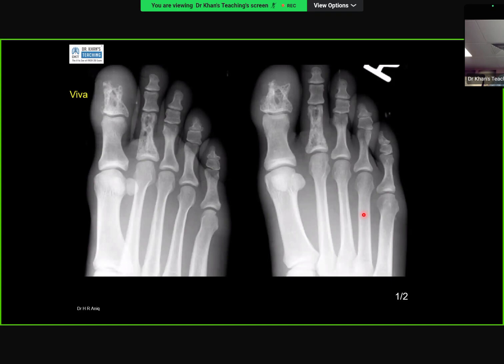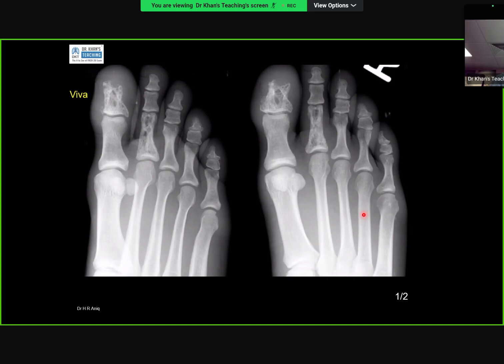So this lace-like pattern is seen in sarcoidosis. So my first differential will be sarcoidosis. Anything else? Second, I'll keep as TB dactylitis. No, so sarcoidosis. Anything else? No, TB, sir, ruled out.